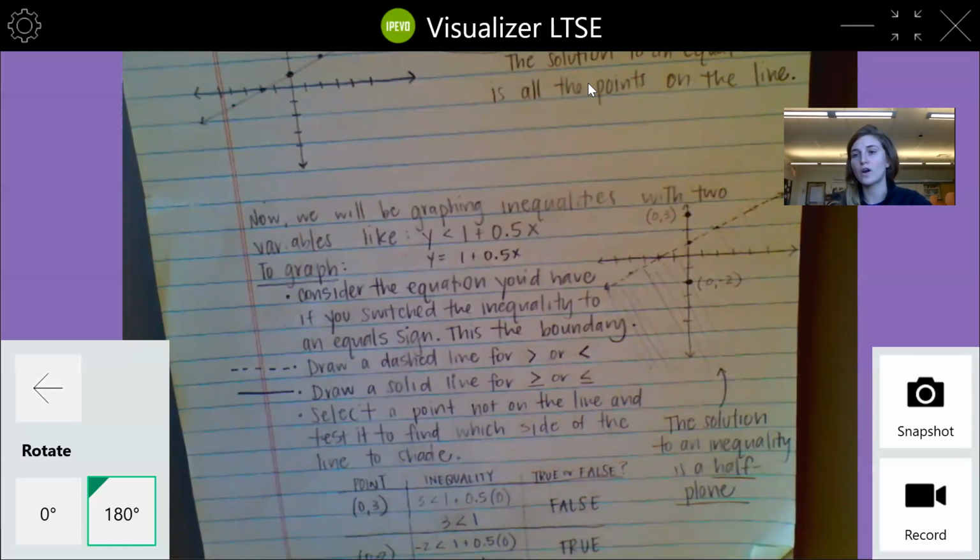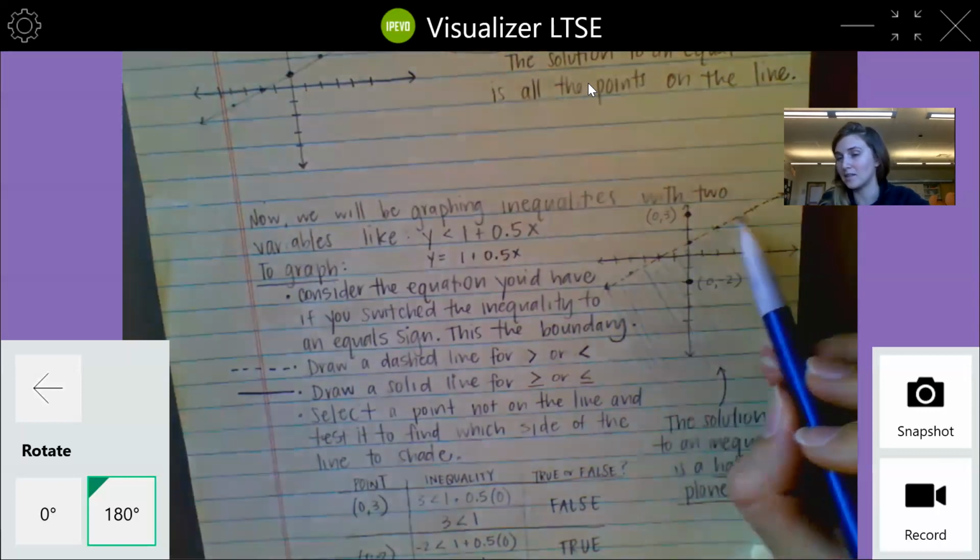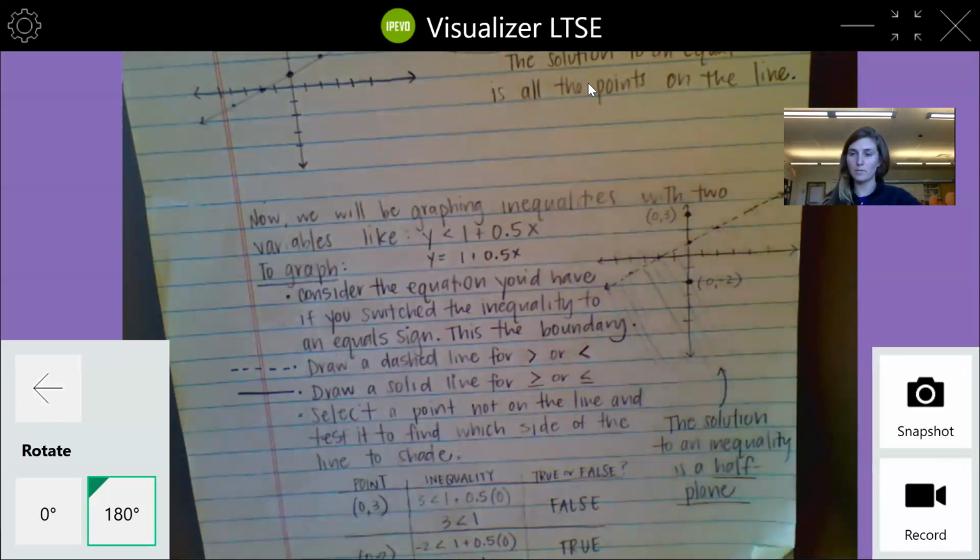And then for an inequality, a solution is not just going to be any point on the line, it's actually going to be what's called a half plane. So a plane, you can think about it like a piece of paper. It's that whole entire surface area.